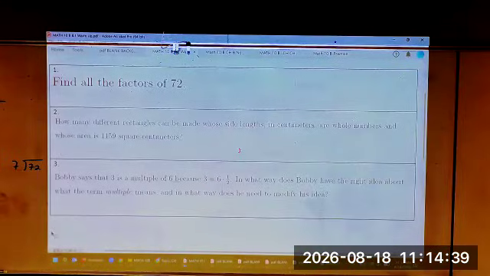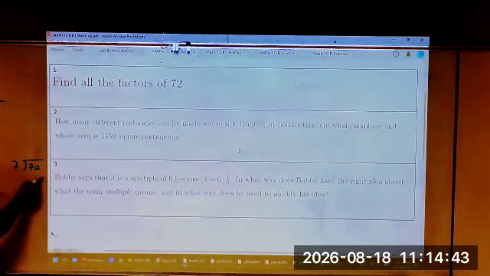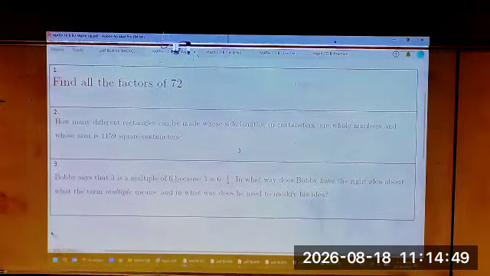So how close can we get with 7? 7 times 10 is 70, and then the next would be 77, so does 7 work? Nope. Does 8 work? Okay. So 8 times 9.